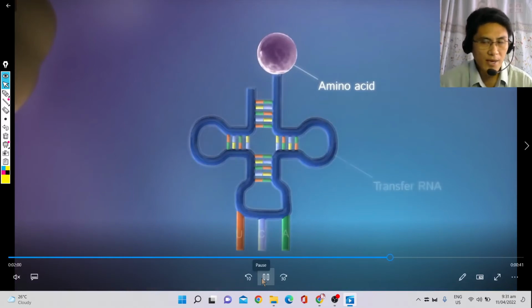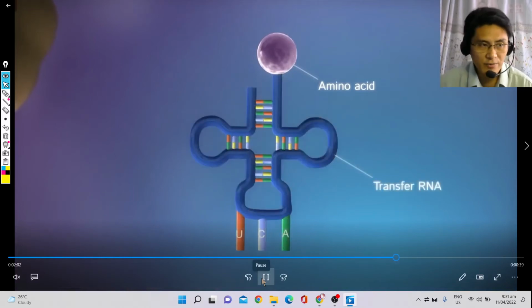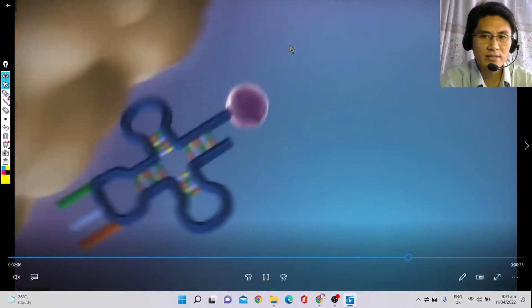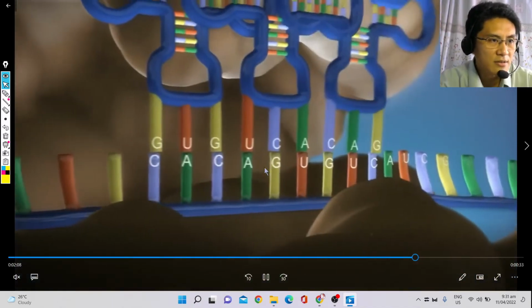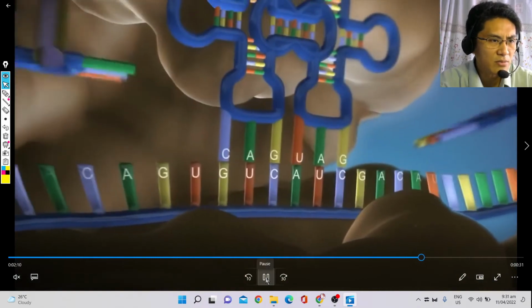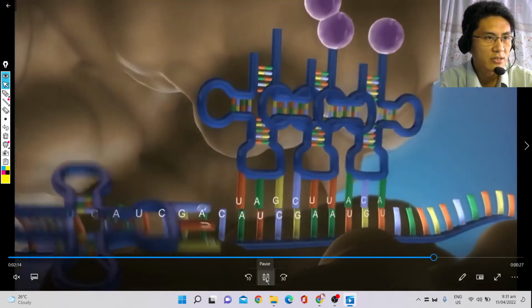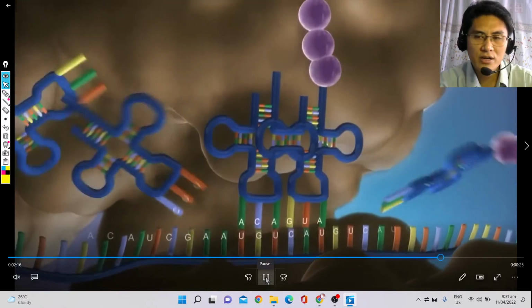So again, you have base pairs, and that's a transfer RNA. So in the transfer RNA, you have anticodons at the bottom and you have amino acid at the top. So it base pairs, right? So good, it base pairs, but what's the purpose for that, sir? You will soon see. Look at what's happening at the top.